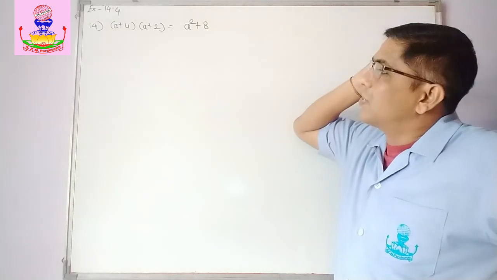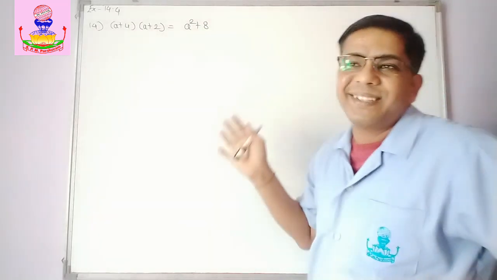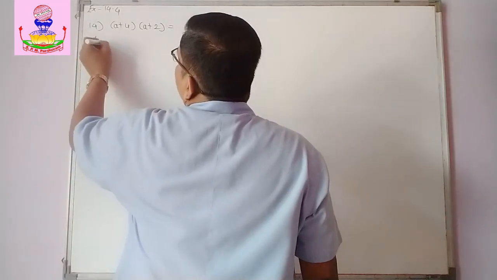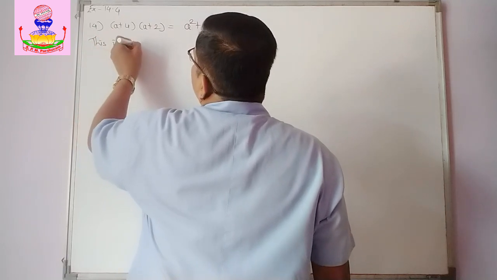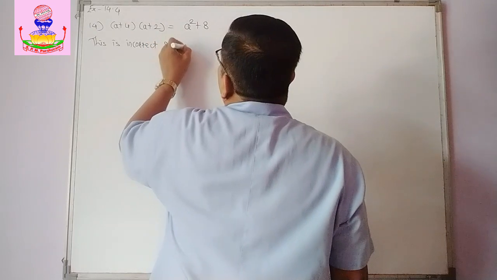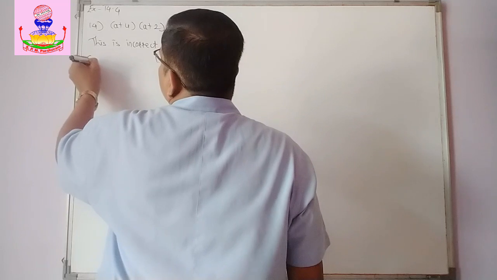Now see 14th, (a plus 4) into (a plus 2) is equal to a square plus 8. Is it correct? No. So this is again an incorrect statement. So corrected statement.